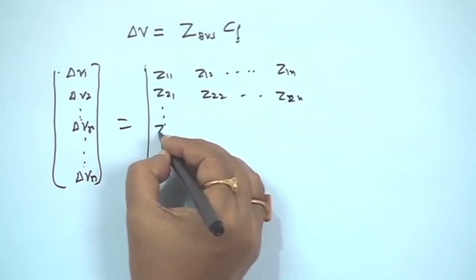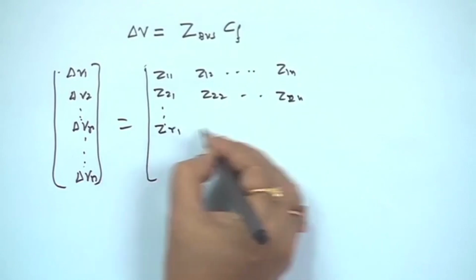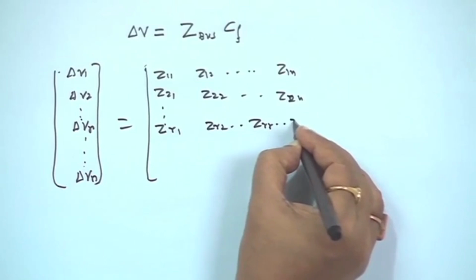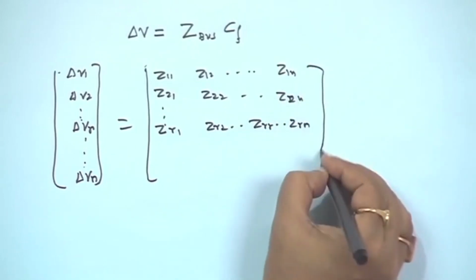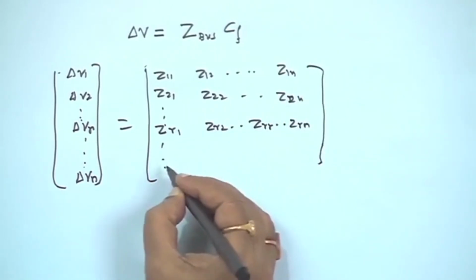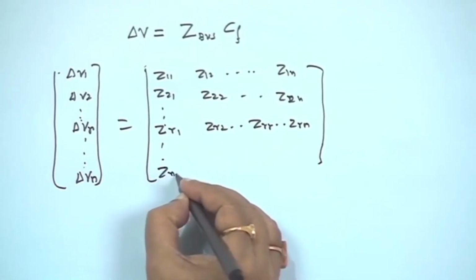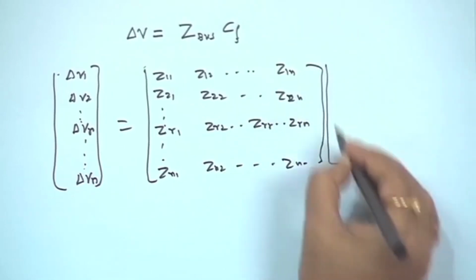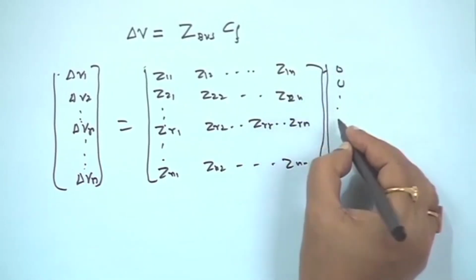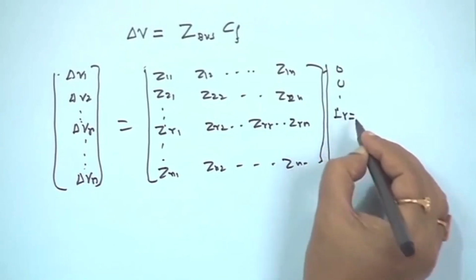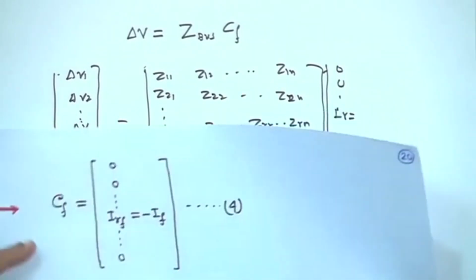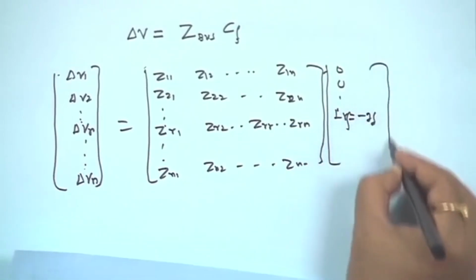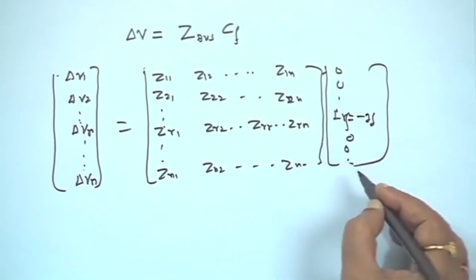If you come to the rth bus, it will be ZR1, ZR2, somewhere the element ZRR will come, then ZRn, right, and then your last one, Zn1, Zn2, then Znn, right, and this fault current vector has all zeros except at the rth bus, where IR is equal to, we have taken, IRF is equal to minus IF, right, and all others are zeros.